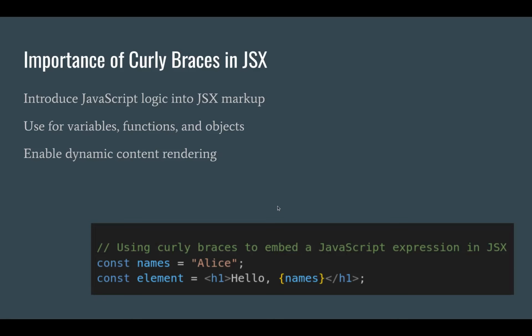So if you take a look at this example, we have a const names variable, and in this element, we have this h1 hello, and we can just embed this names within JSX.